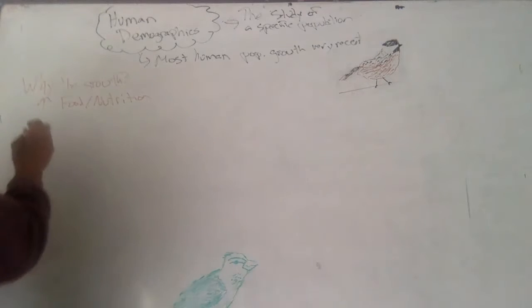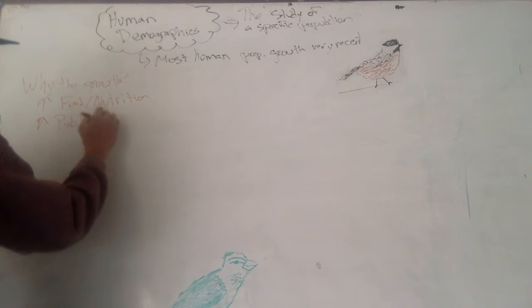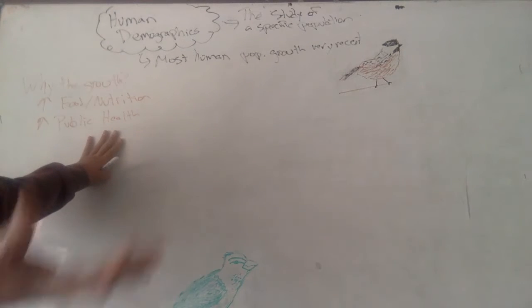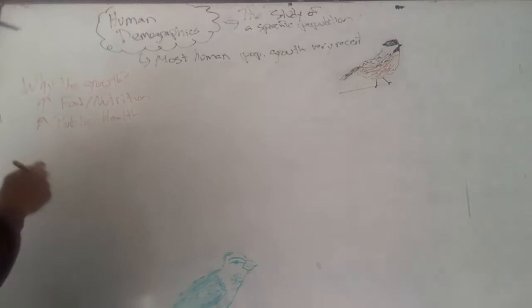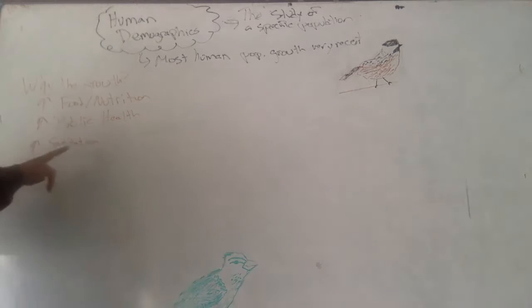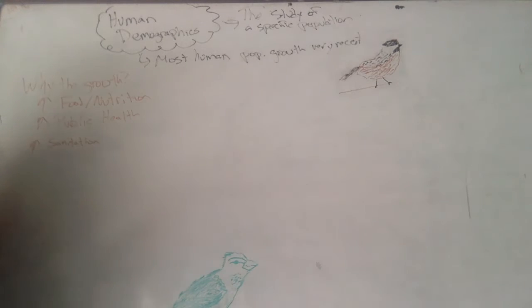Another big increase would be increased public health and access to medicine. Of course, if people are able to live longer and healthier lives, that will increase the population. Another big factor would be increased sanitation. This is something we kind of take for granted, but in a lot of places, you might not have access to running water. You might not have access to flush toilets.